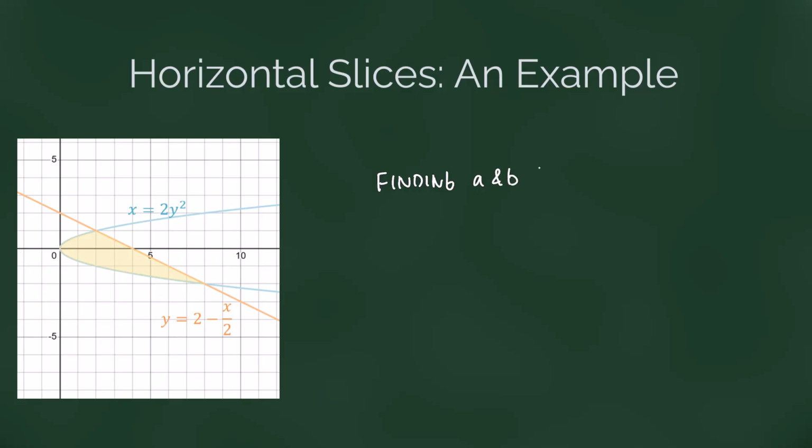Now we need to find a and b, which will be our limits of integration. In order to do that, we'll set our two functions equal to each other. This gives us the equation negative 2y plus 4 equals 2y squared, which is quadratic in y.